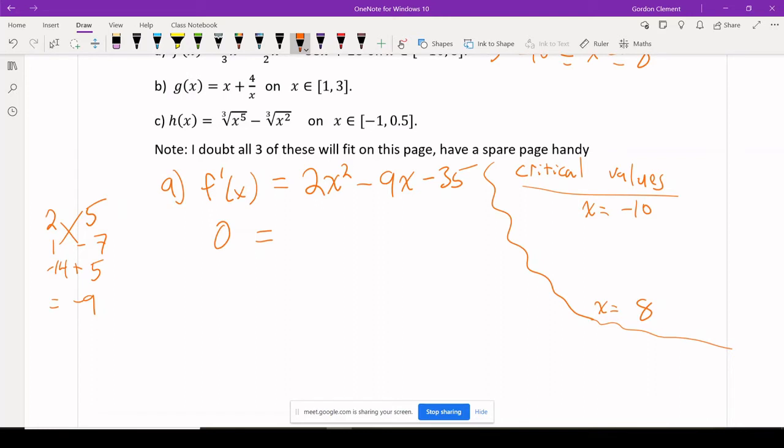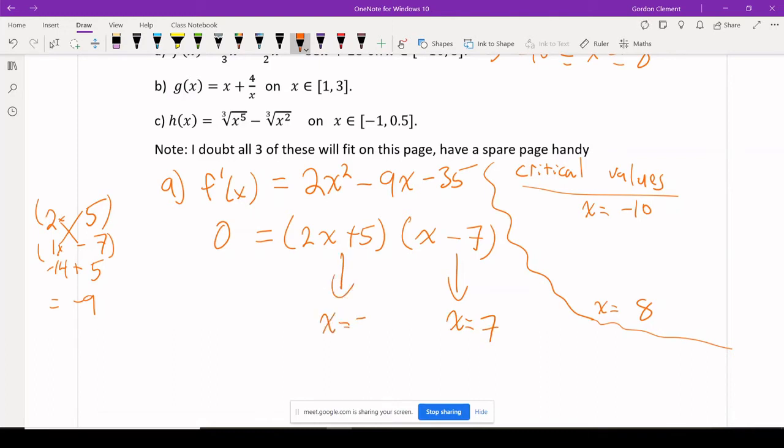So I got it right first try. So those are my factored brackets. 2x plus 5, x minus 7. And I get x equals 7, and x equals -5/2.